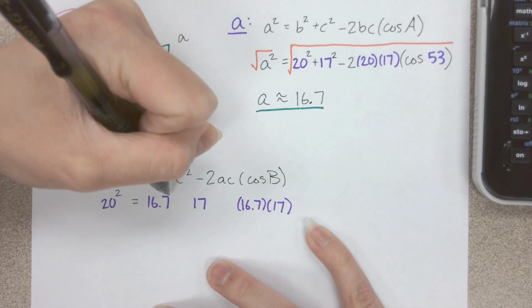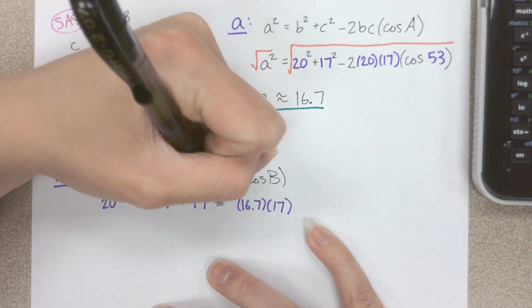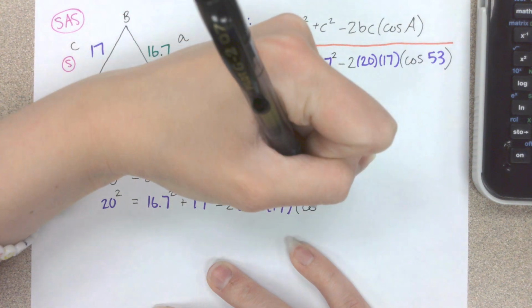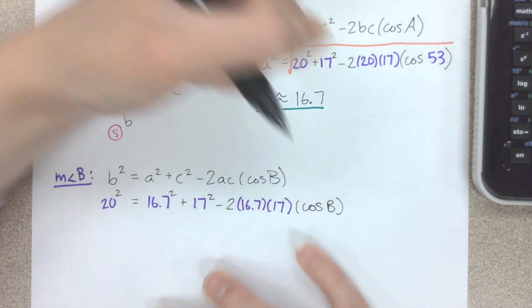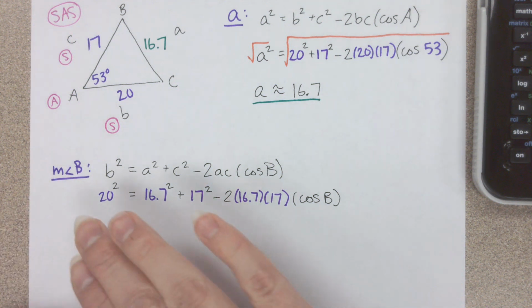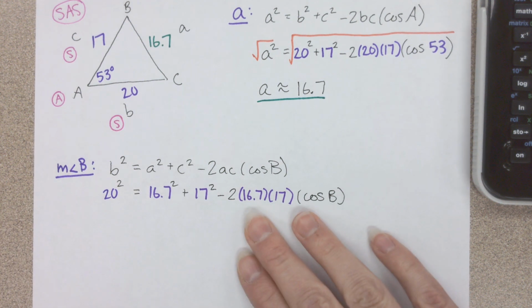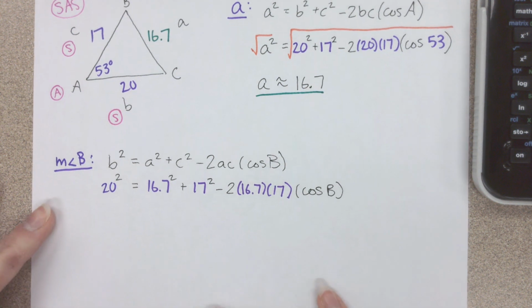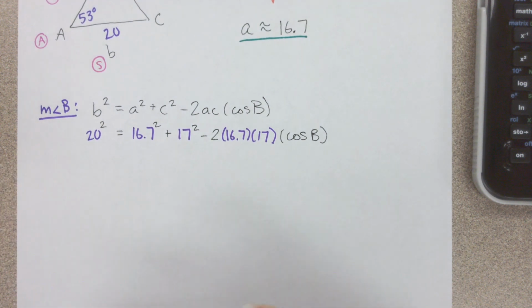Filling in my symbols here. And there we have it. Now this is the more painful, more algebra intensive version of the law of cosines. So this is going to take several steps.